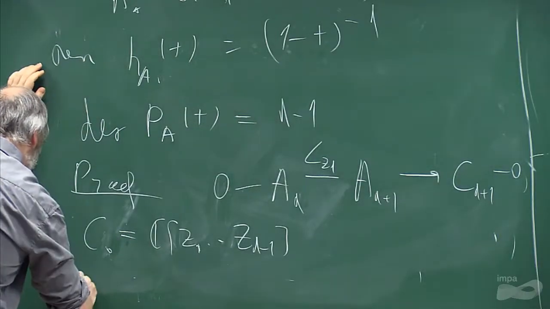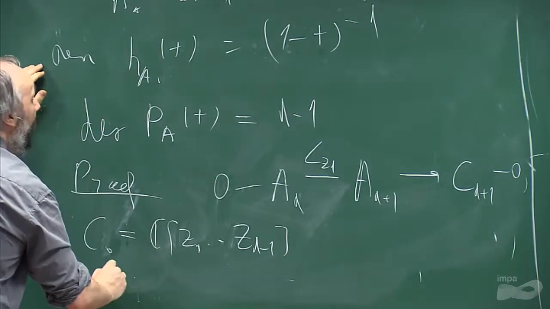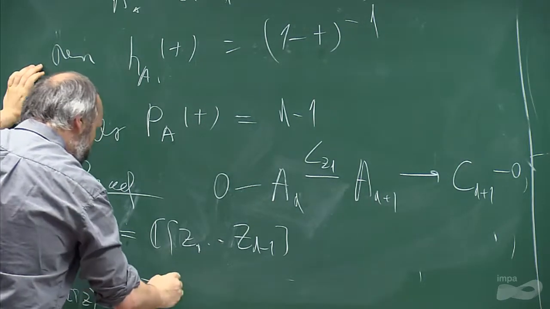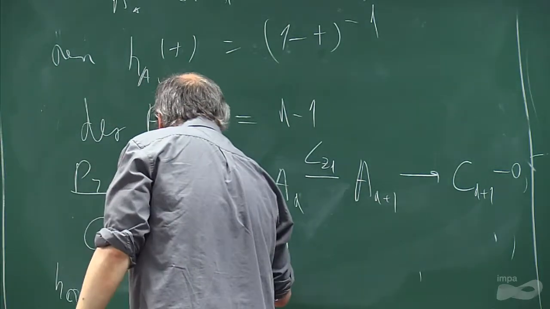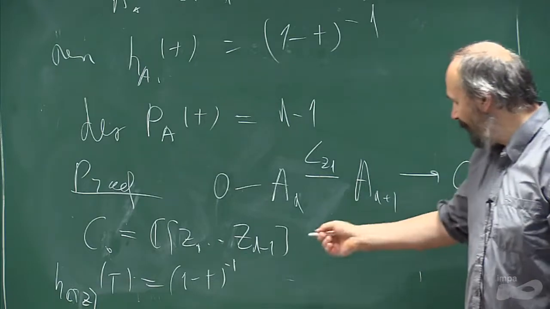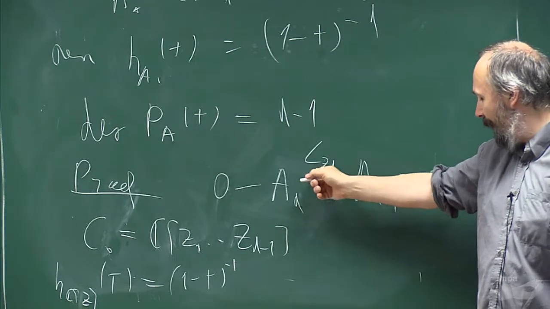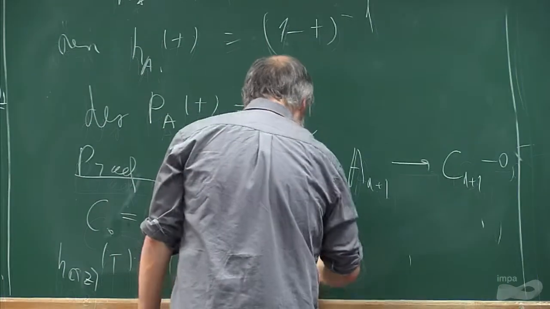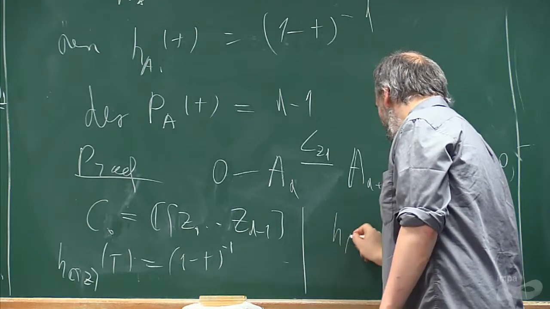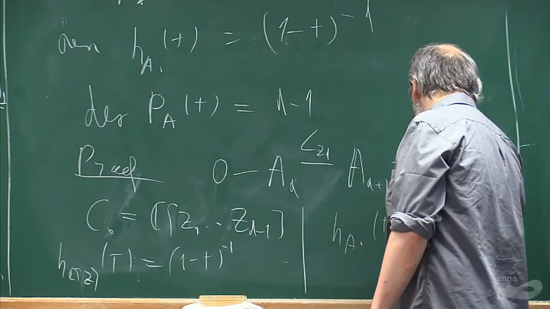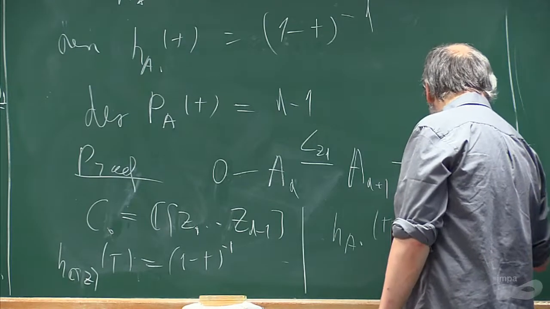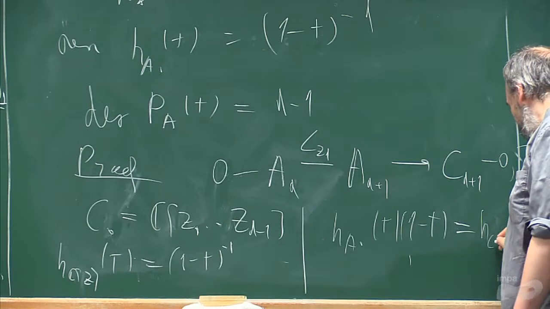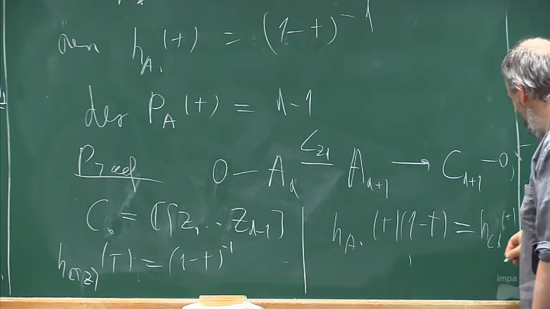So h_C(t), well, for C[z] of t is equal to 1 over (1 minus t). And then each time you add a variable, you obtain that h_A(t) times (1 minus t) is equal to h_C(t).